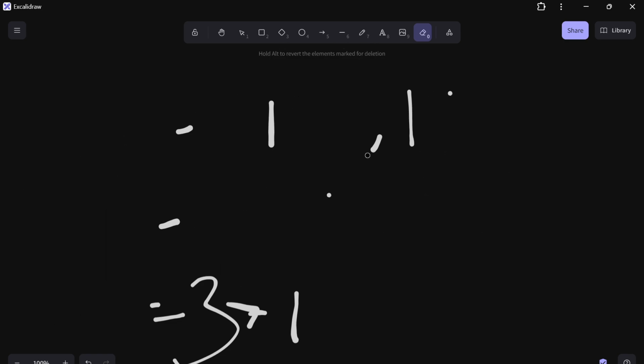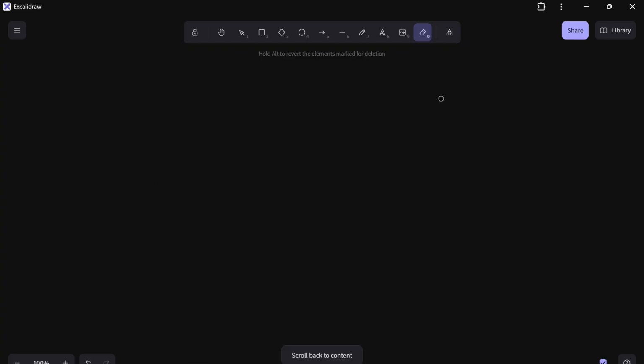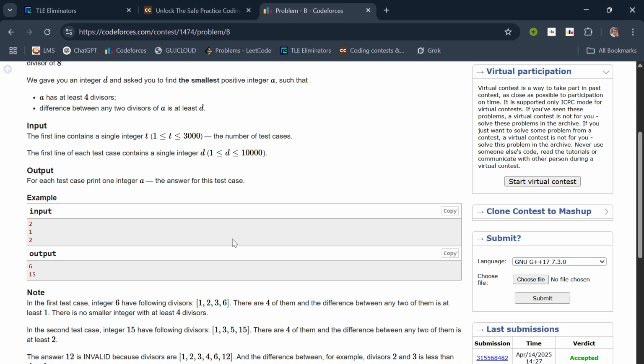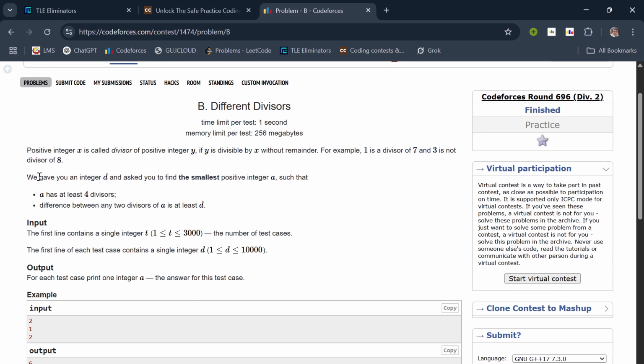So now you should think here with the help of prime numbers. Here only 4 divisors are given. We need to have exactly 4 divisors.